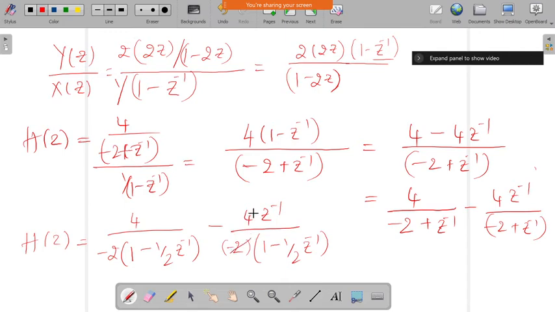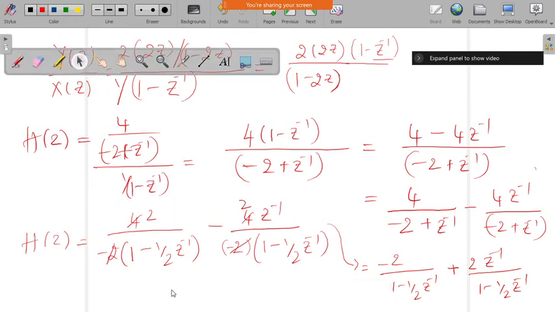So now this will get cancelled, and your h of z will be equal to minus 2 divided by 1 minus 1 by 2 z inverse here. So minus of minus 2 gives plus 2 z inverse divided by 1 minus 1 by 2 z inverse. So now we can write the h of n for this.